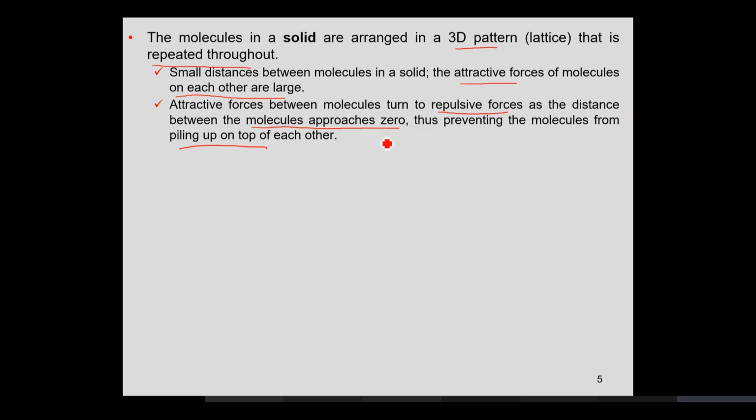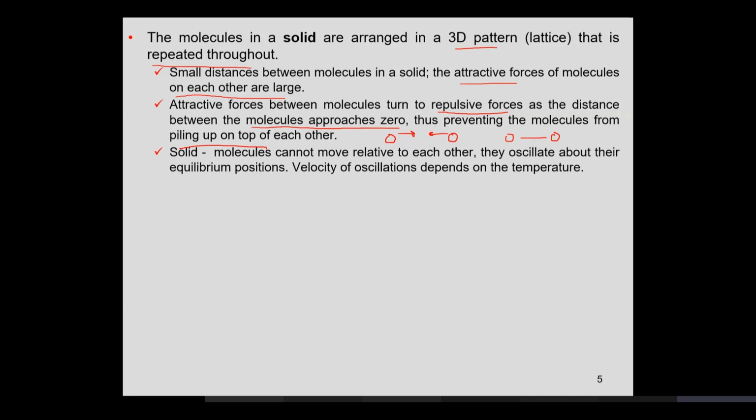So as there are two molecules or two atoms over here, as they try to get much closer, their electron clouds start repelling each other, so that there is a specific distance at which these atoms remain, and they don't pile up on top of each other in case of solids.